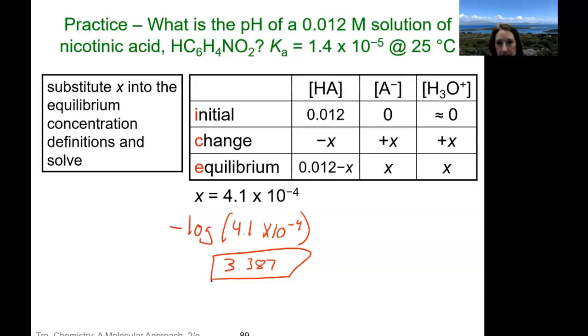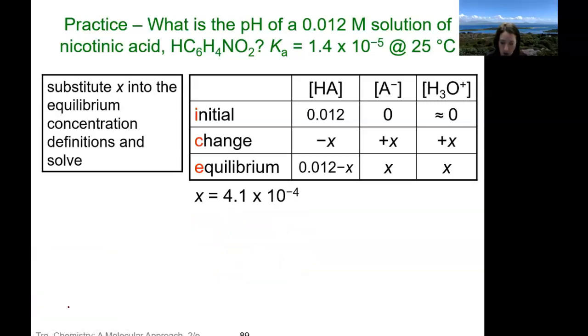We know this is an acid because it says it's an acid. So your answer needs to be less than 7. Specifically, your answer needs to be between 0 and 7, right? So if you get an answer like 49, no. Or you get a negative answer, no, it's an acid. Your answer is between 0 and 7. So you kind of know where your answer should be. If you get some kind of a weird answer, you know something's wrong. That's why I always suggest going back and checking it.